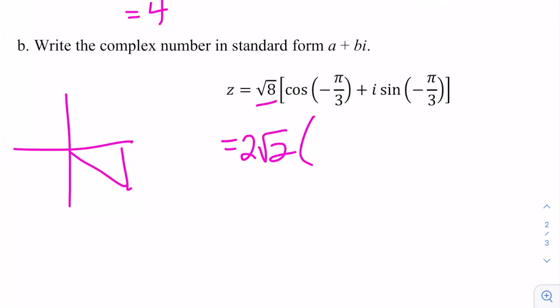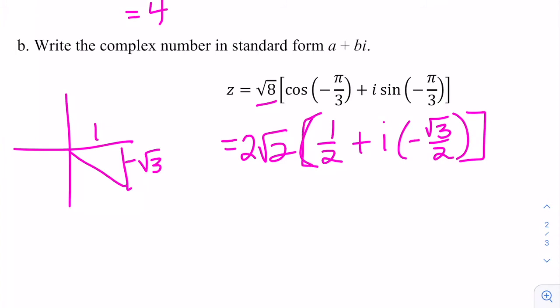And we could rewrite this as 1 over 2 and negative root 3 over 2. So we know the cosine is just 1/2, and we know that the sine of negative pi over 3 is going to be negative root 3 over 2.